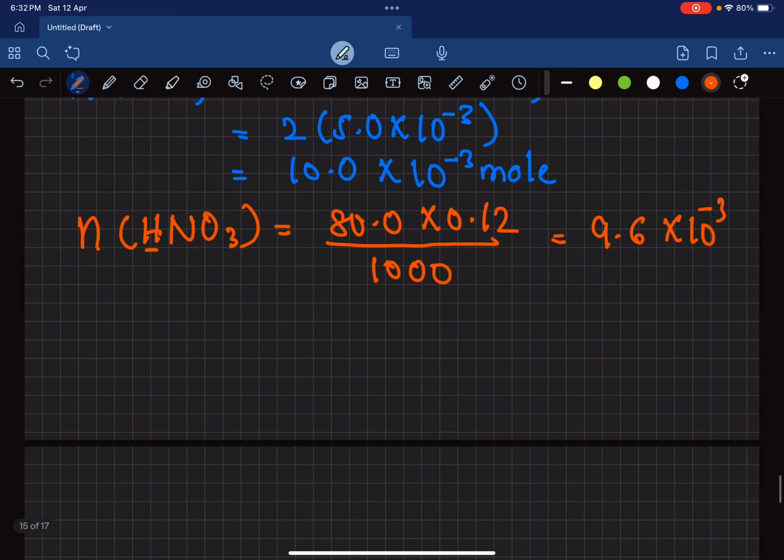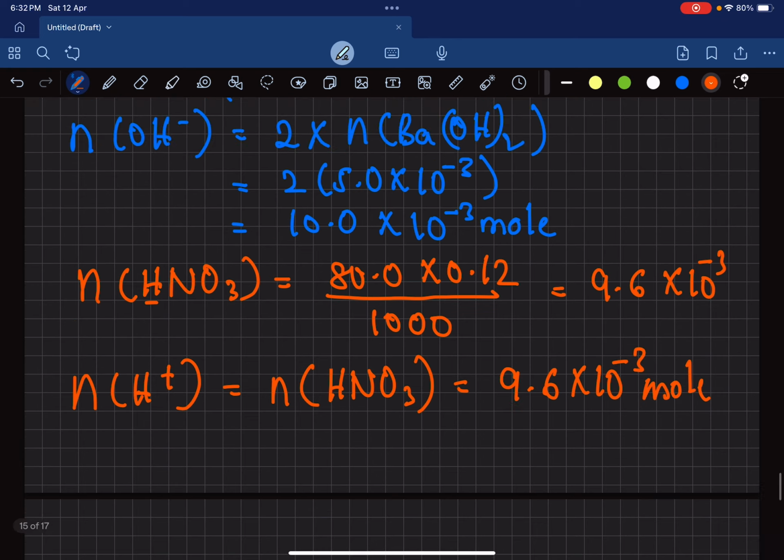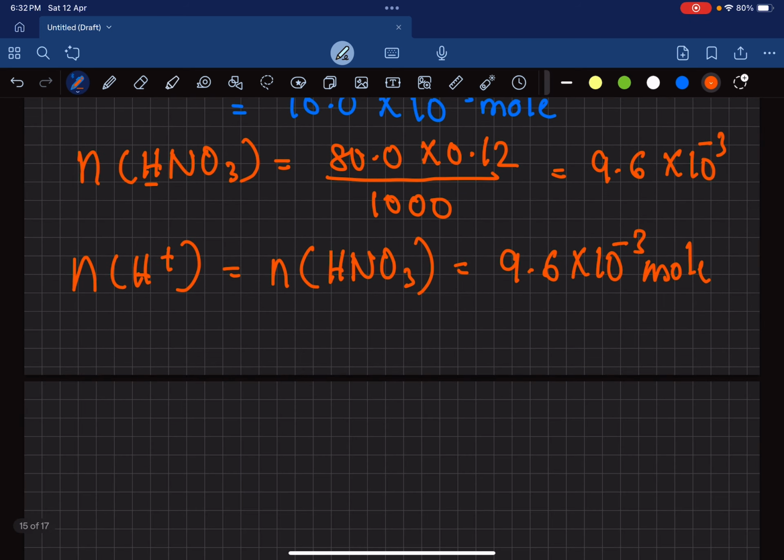And since this is monoprotic, the number of hydrogen ions that I can get should be exactly the same as the number of moles of the acid, which will be 9.6 times 10 to the power of negative 3 moles. Okay, so I know the number of moles of hydroxide and I know the number of moles of hydrogen, and then I'm going to go back to my original equation just now. Hydrogen plus hydroxide gives me water.